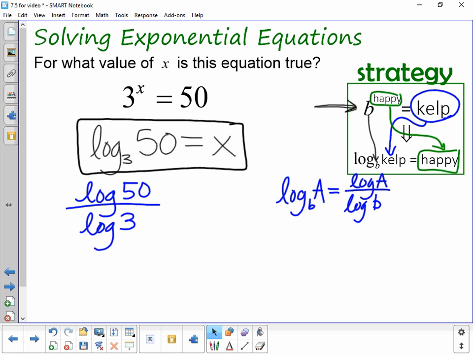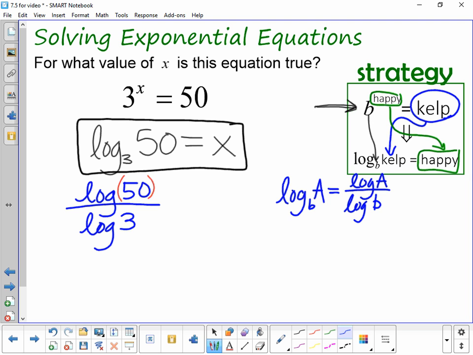And if you put that into your calculator, remember that in most calculators, you will probably have to make sure that you are entering it carefully.